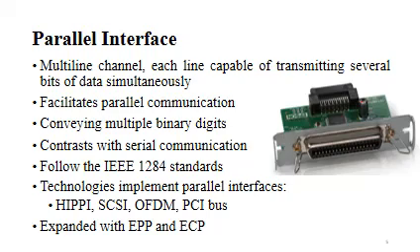A parallel interface refers to a multi-line channel, with each line capable of transmitting several bits of data simultaneously. In data transmission, parallel communication is a method of conveying multiple binary digits or bits simultaneously.